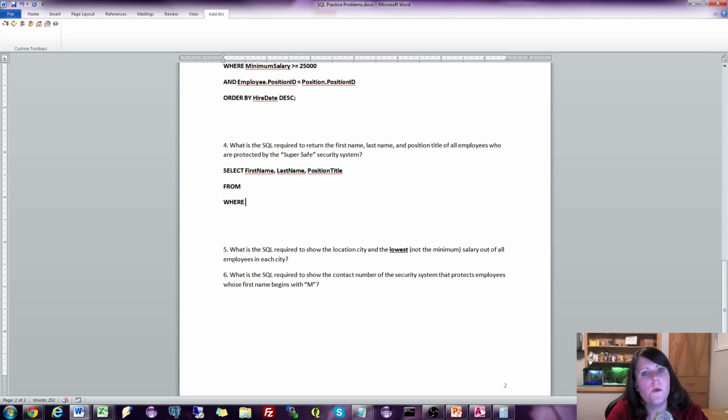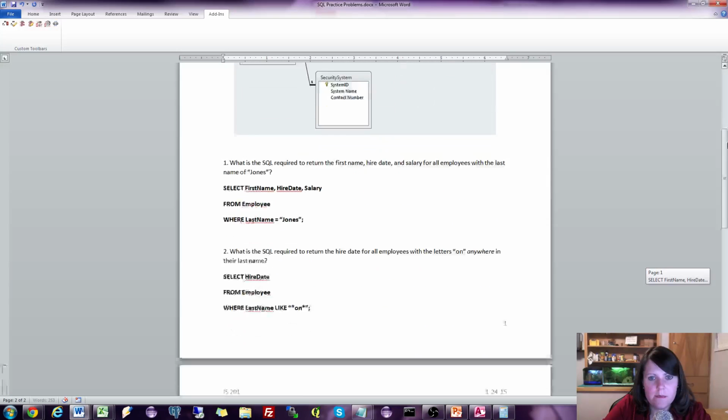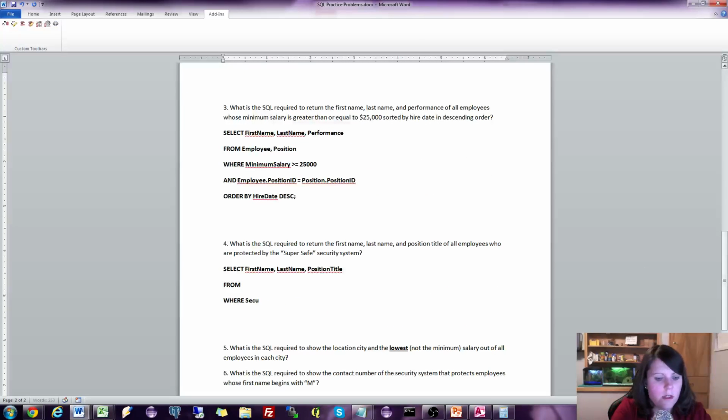What do we know? We want things that are protected by super safe. So where the system name, but I'm going to need to tell it what the table name is. So the table name is security system. So security system dot system name is equal to super safe.